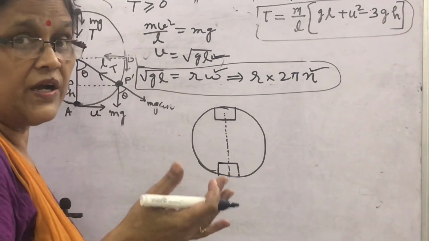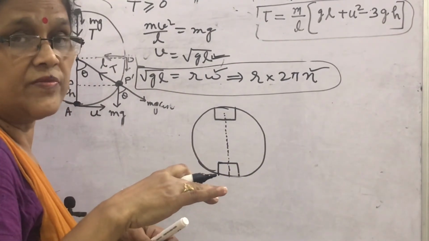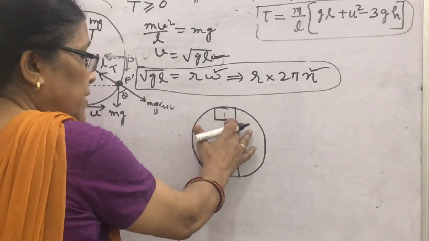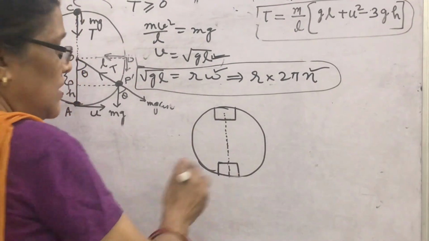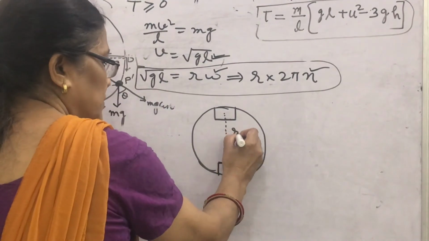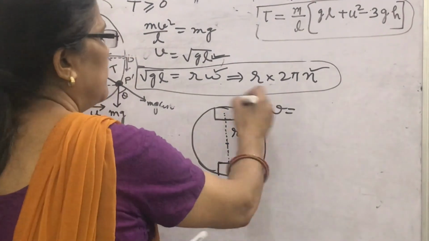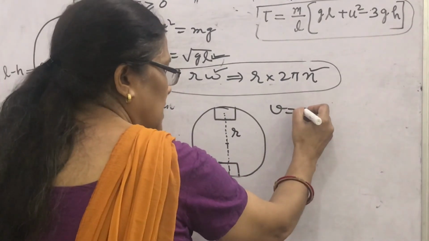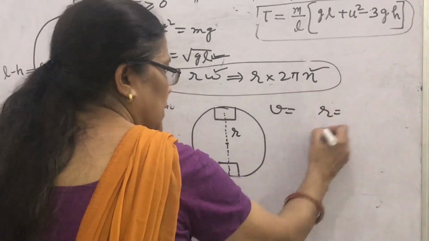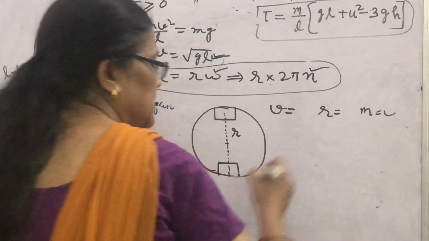That is, you have to find the reaction at the highest point and at the lowest point. This is the radius of the vertical circle and the speed with which the aeroplane is flying. It is given, radius is given, mass of the person is given.